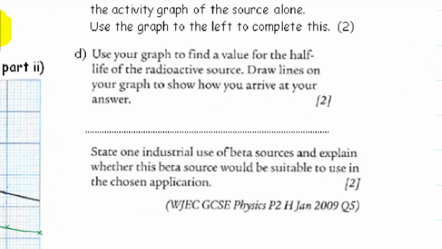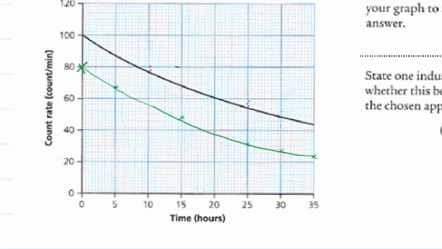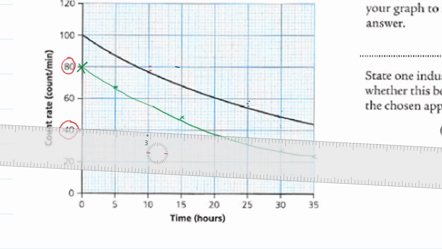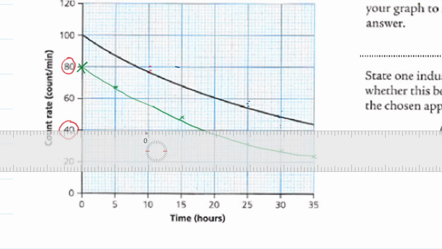Part D. Use your graph to find the value for the half-life of the radioactive source. Draw lines on your graph to show how you arrive at your answer. Again, what we're doing here, in a different colour, that's our original count rate, 80. To work out the half-life, we use the graph to find out how long it takes to drop to 40. If we use a ruler and we go across from 40, and we look to see where it meets that graph.